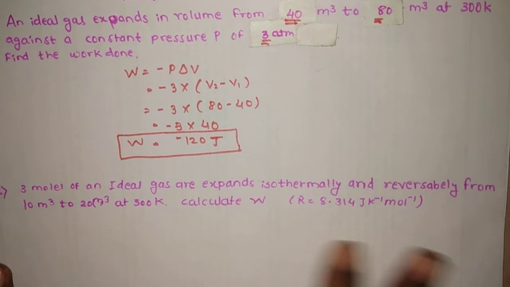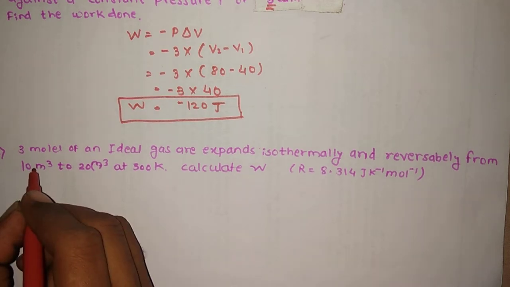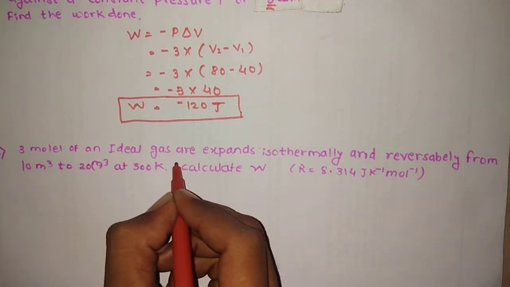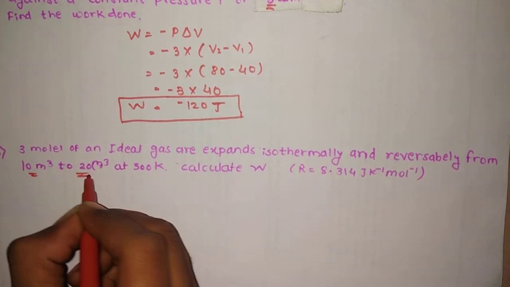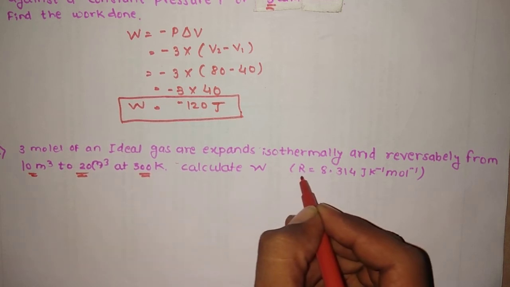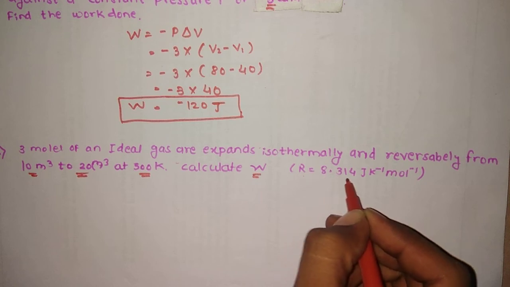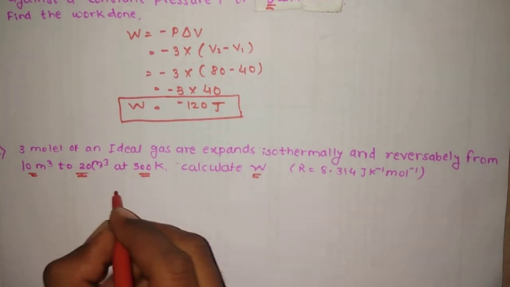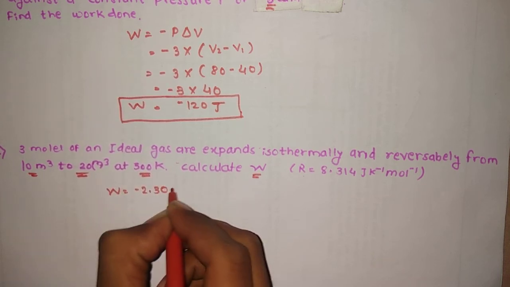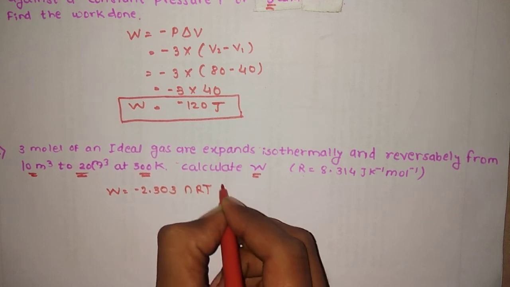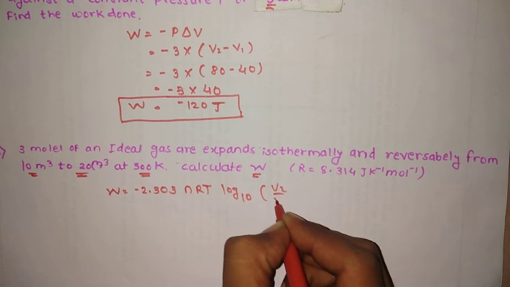Now the question related to maximum work done. 3 moles of an ideal gas are expanded isothermally and reversibly from 10 meter cube to 20 meter cube at 300 Kelvin. Calculate the work, and R is given as 8.314 joule per Kelvin per mole. Now we know that the formula for maximum work is minus 2.303 nRT log to the base 10 V2 by V1.